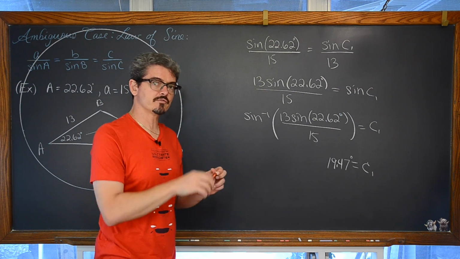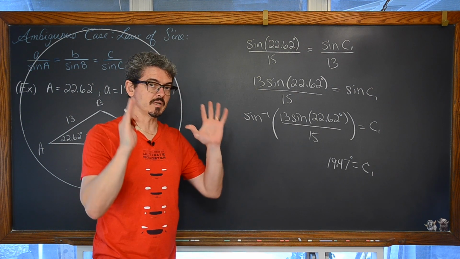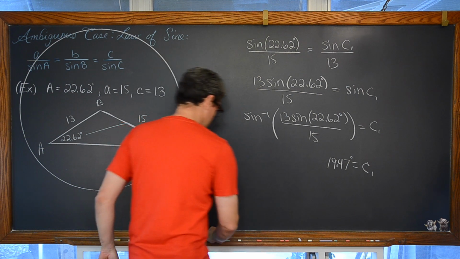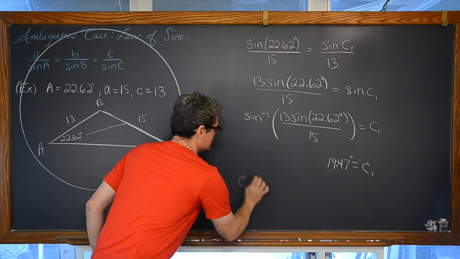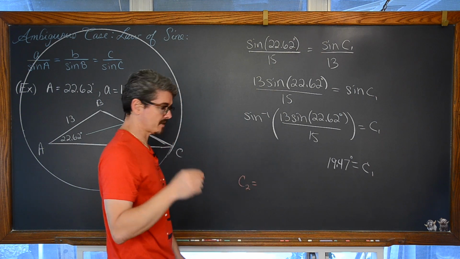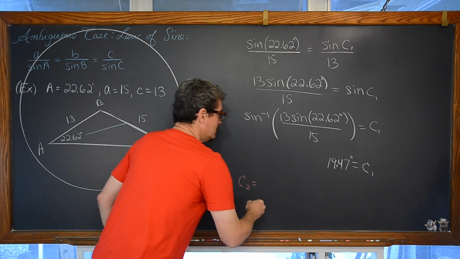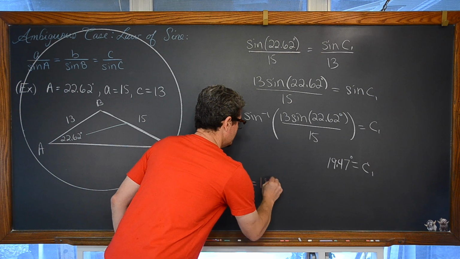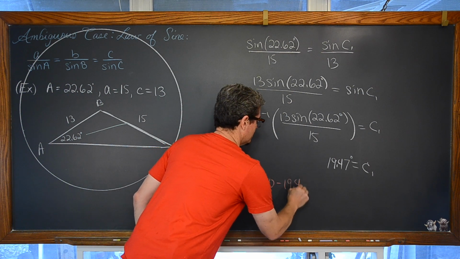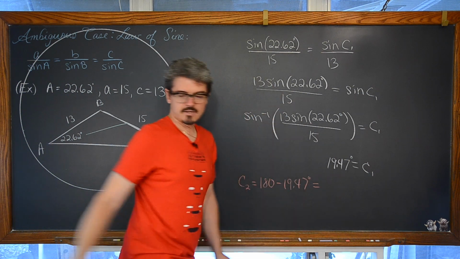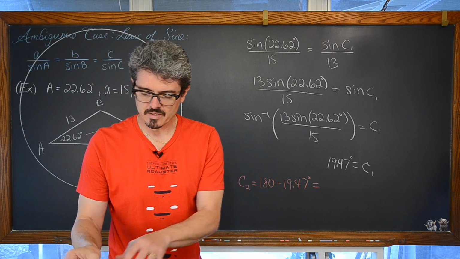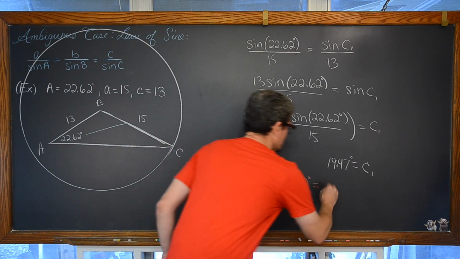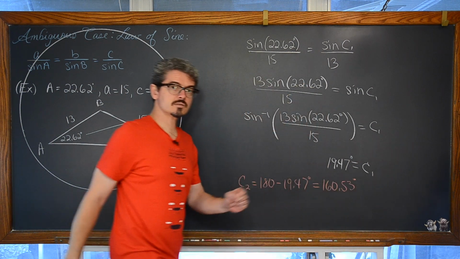You find the first angle, then you take that and subtract it from 180, so C sub 2, the possible second measure of angle C, is equal to 180 minus 19.47 degrees. That comes out to be 160.53 degrees.